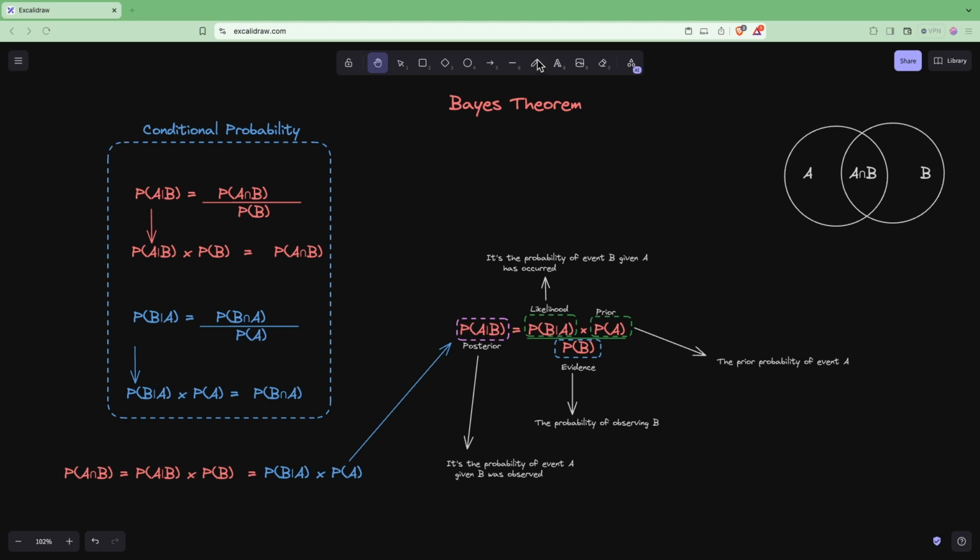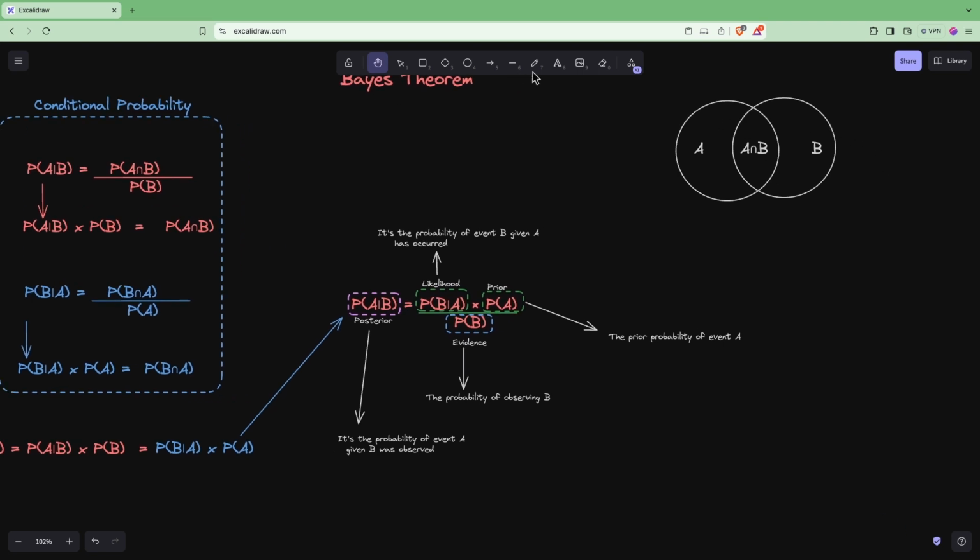Okay, so we are all familiar with conditional probability, what it is and how we use it. If you look at the conditional probability of A given that B has already happened, these are the events, and the whole event is here.